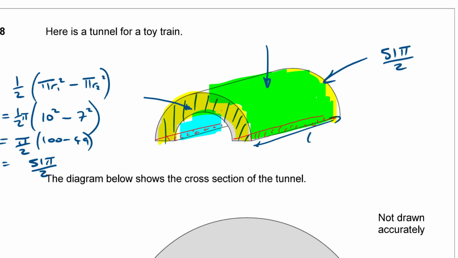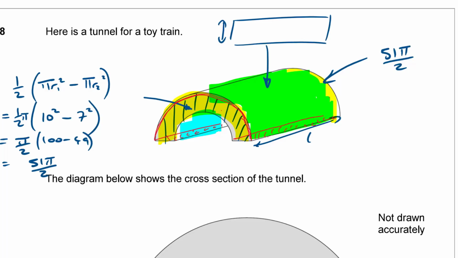Now, let's say that is a rectangle, isn't it? And this part of the rectangle is this side here. Okay, so it goes all the way around. It's half the circumference of that bigger circle, isn't it? So that distance is half the circumference of the bigger circle.